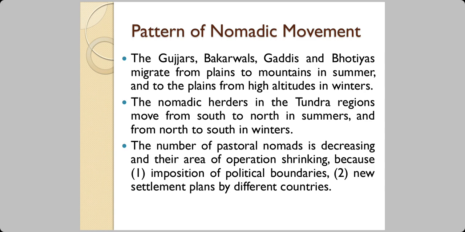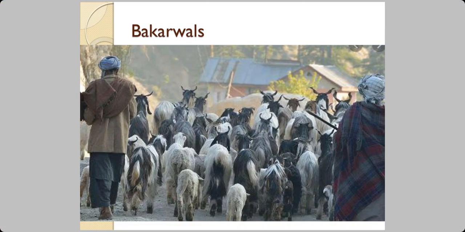So the governments of the countries impose boundaries, political boundaries. This is one reason. The second reason is that different countries have different settlement plans that also restrict the movement of the nomads. A photo of the Bakarwas in the Himalayas.